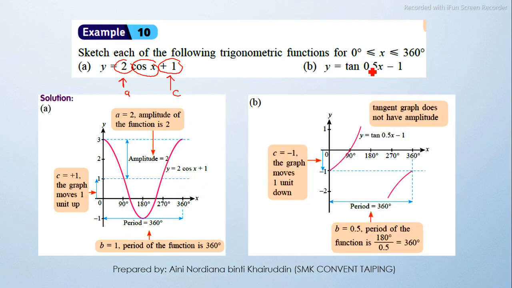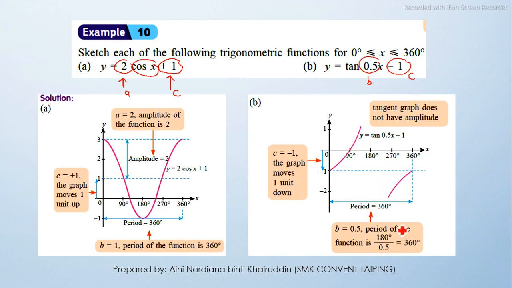For B, tangent 0.5. So this is the value of B. And this is the value of C. The value of C is less than 0, meaning it shifts 1 unit, or moves 1 unit down. So the graph moves 1 unit down.